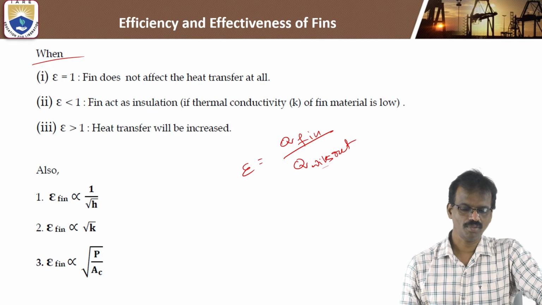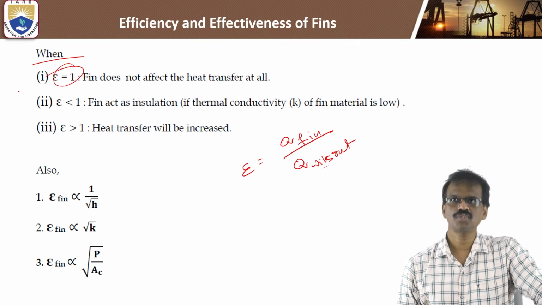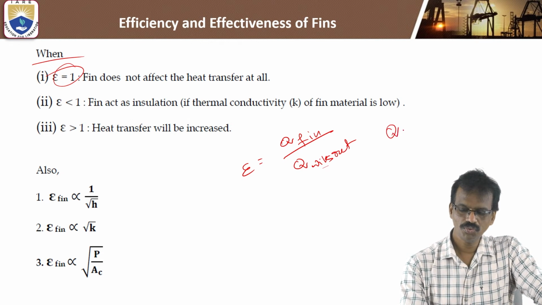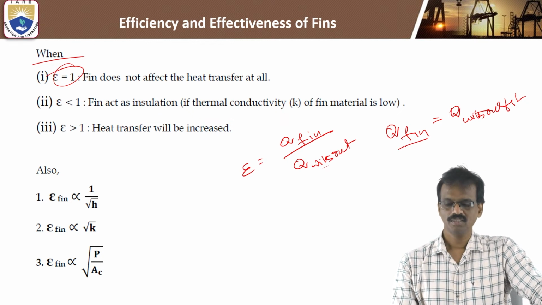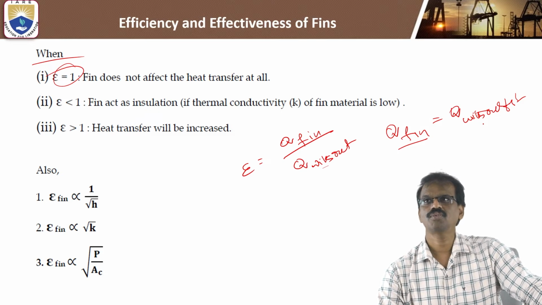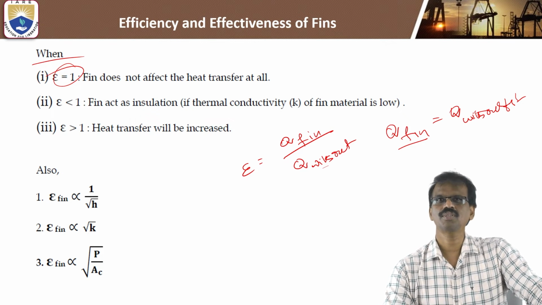If epsilon is equal to 1, it means Q fin is equal to Q without fin. Both are the same, so there is no influence of the fin.